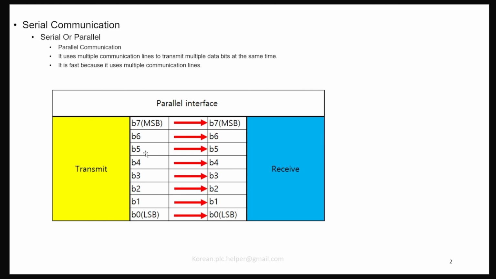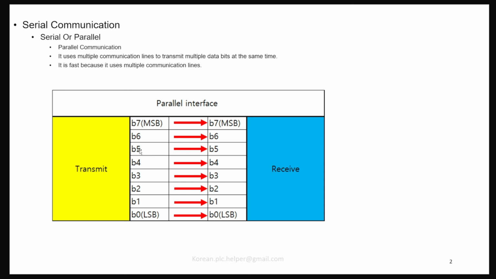The first topic we will look at is parallel communication. This is an important concept that must be explained before discussing serial communication. First, look at the diagram. The lines are drawn from B0 to B7.